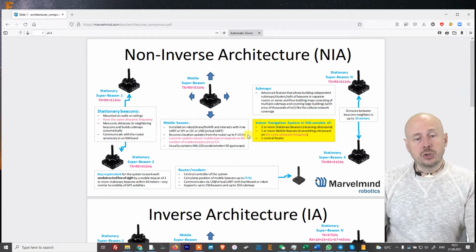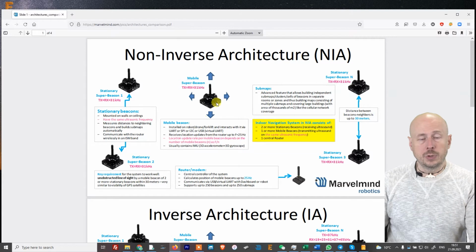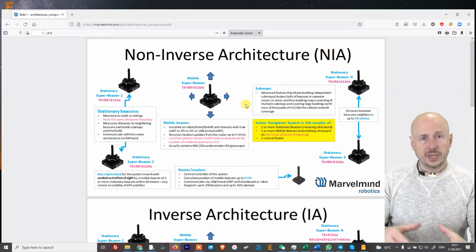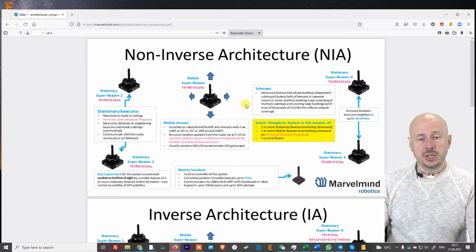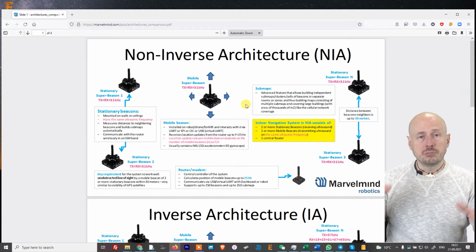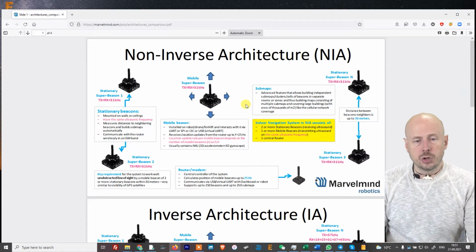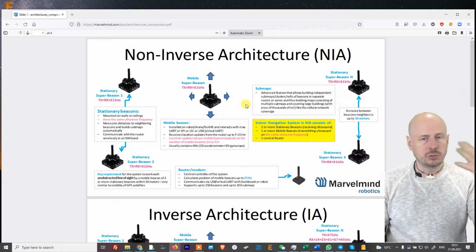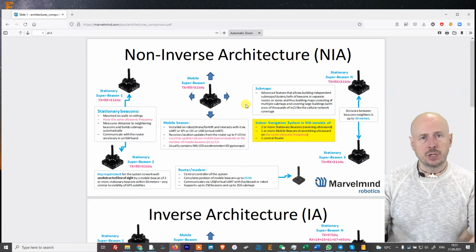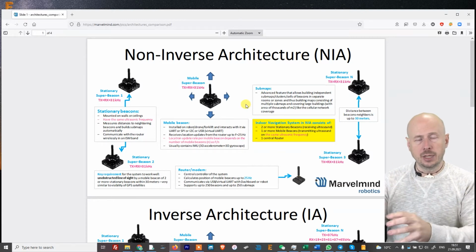But you can connect your robot, and mostly people connect the robot directly with the mobile beacon because it's better and faster, and we can discuss this a bit later. But otherwise, again, three major blocks: stationary beacons placed around your building, warehouse, assembly plant, factory floor, whatever area, mobile beacon, and the modem.